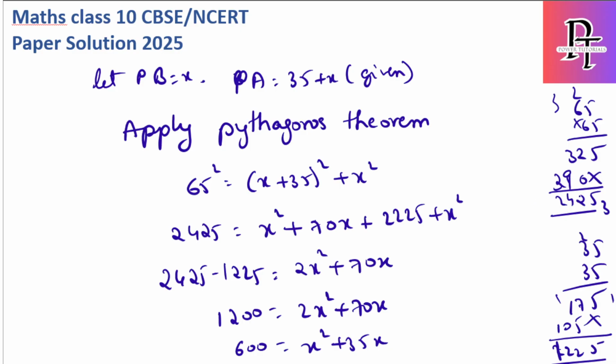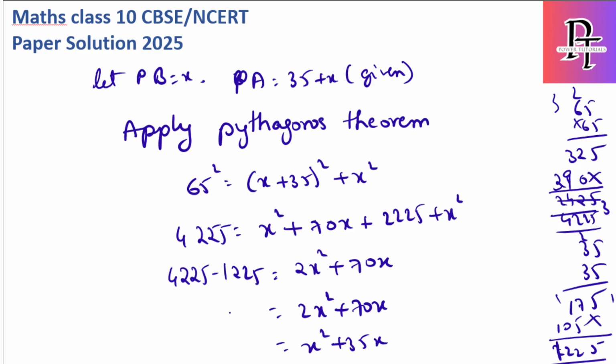So this is wrong. You will get 4225. Sorry for the mistake. Let's correct it. 4225. So we should be proper with respect to calculation. Even a small mistake will change a lot of things.